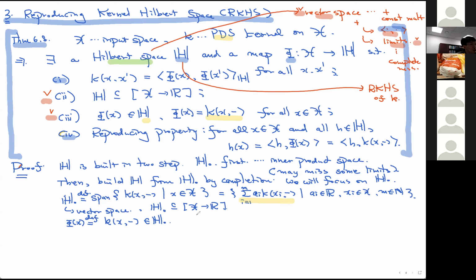The inner product of two terms, the sum over i from 1 through m of a_i k(x_i, ·) and the sum over j from 1 through n of b_j k(y_j, ·), is defined this way: the double sum over i and j of a_i b_j k(x_i, y_j).